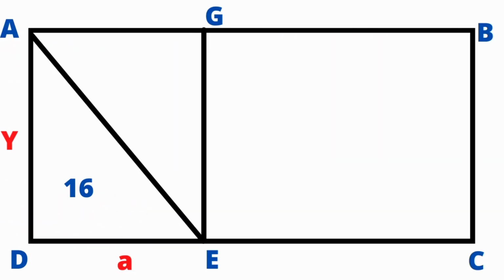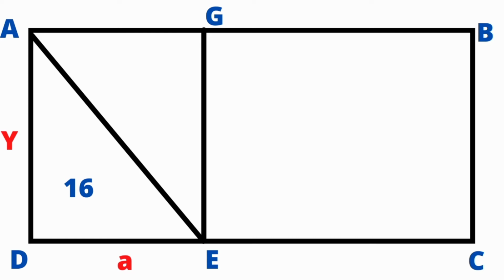Now, let's draw a line segment EG parallel to AD. Now, ADEG is also a rectangle with side lengths Y and A, and AE is the diagonal of the rectangle ADEG. We know that the diagonal of a rectangle divides that rectangle into two congruent triangles.